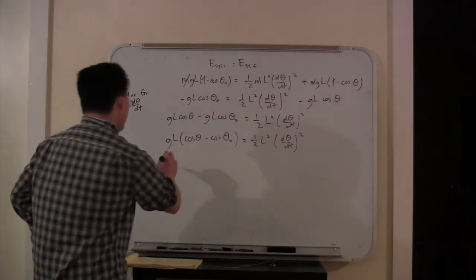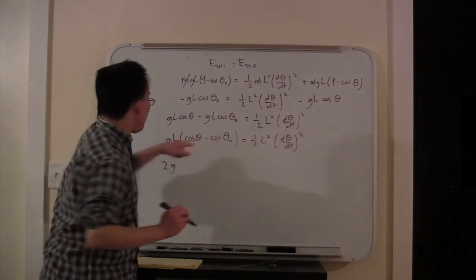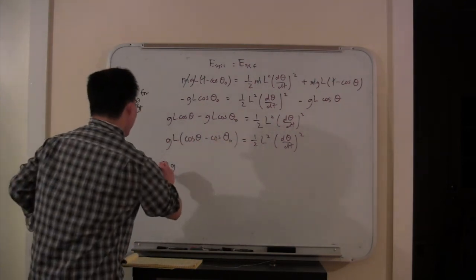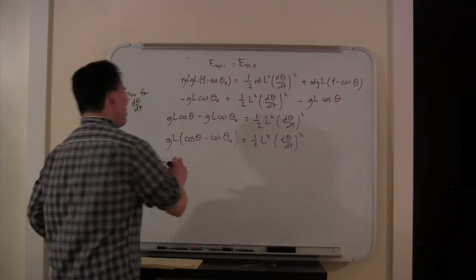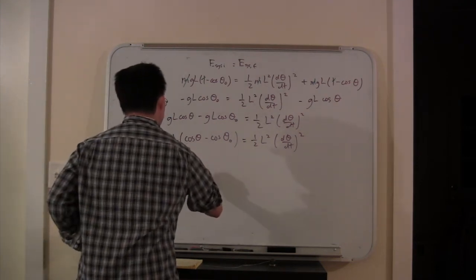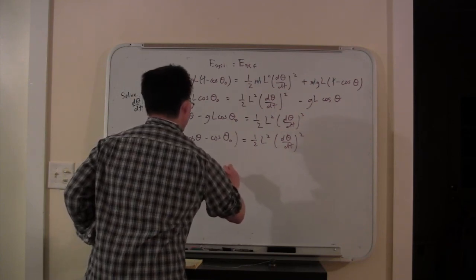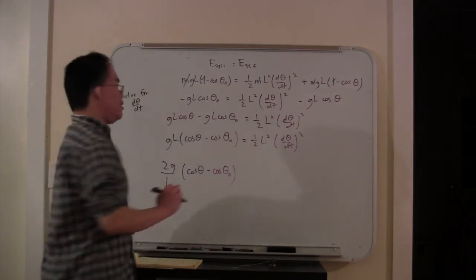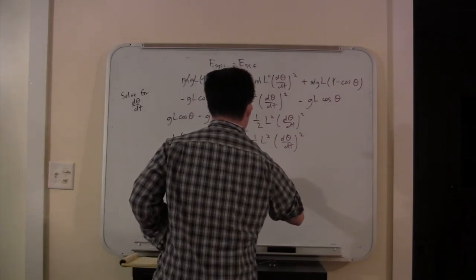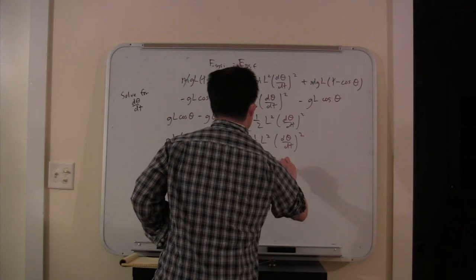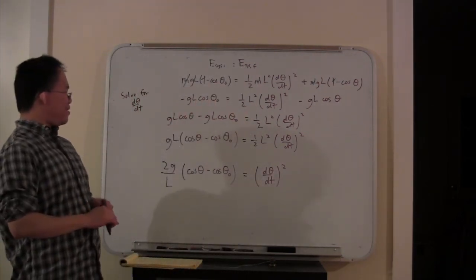So I get a 2 and a G. Dividing by L squared, L over L squared means I have an L downstairs. So I am left with 2G over L, cos theta minus cos theta naught, equals d theta dt quantity squared.